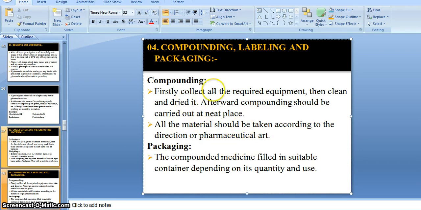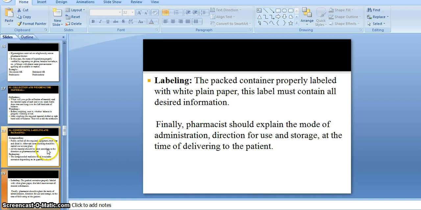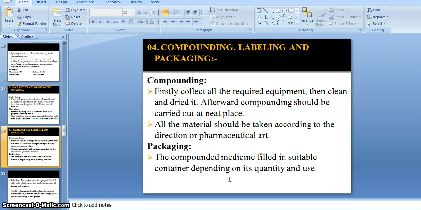Then afterward, after compounding, the step is packaging. That is, the compounded medicines are filled in a suitable container depending on their quantity and use.